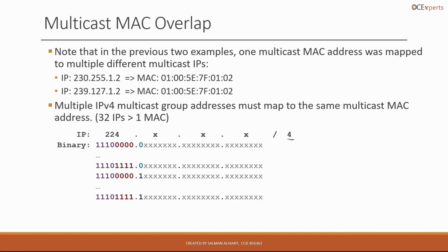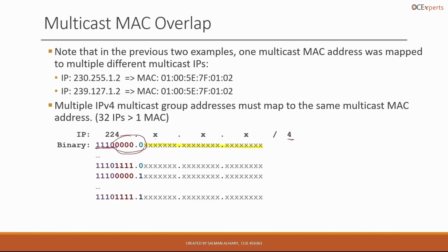224/4. We have fixed bits here, 1110. Then we have 5 different bits here unmapped in the MAC address. Here we have the 23 bits mapped to the MAC address, and only 5 bits here create the combinations.